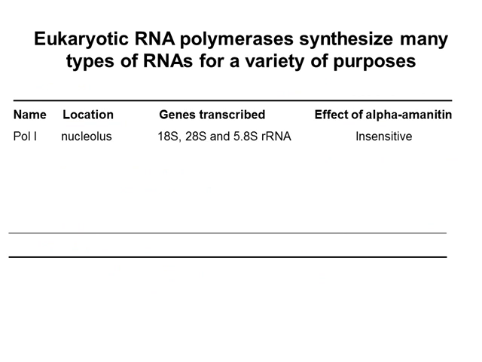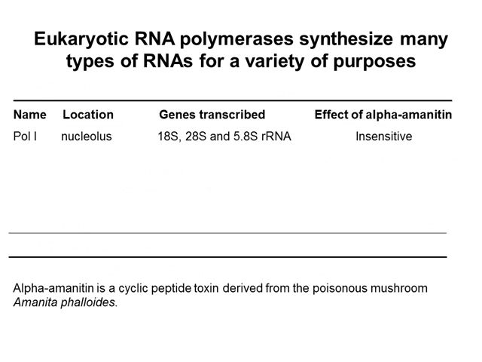Okay? So Pol 1, again, ribosomal RNAs, and it's insensitive to this inhibitor alpha-amanitin. You go, well, what's that? Well, it's clinically not a terribly important compound. It is actually a toxin from poisonous mushrooms, and it's one of the classes of chemicals that kills people if they eat the wrong type of mushroom.